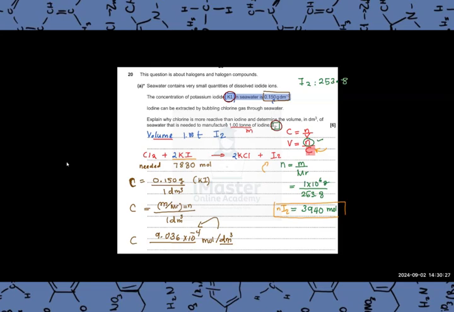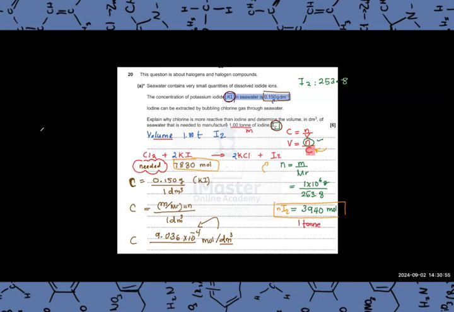So let's find the volume of the water in which we will have this amount of Ki. Because do you realize we finalized saying this is the amount needed so that we will get 1 ton of I2. We remember that, right?